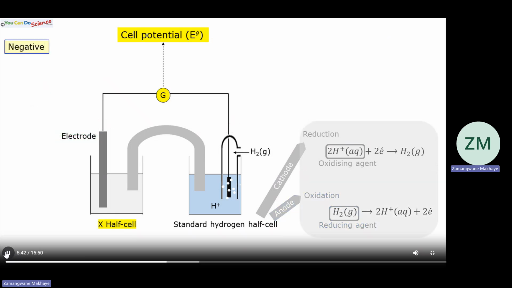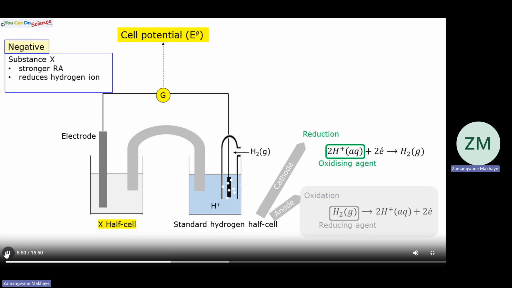If the cell potential is negative, it means substance X is a stronger reducing agent than hydrogen, and it then reduces the hydrogen ion, while X itself is oxidized. The electrode is then the anode, and the platinum electrode in the hydrogen half cell is now the cathode.